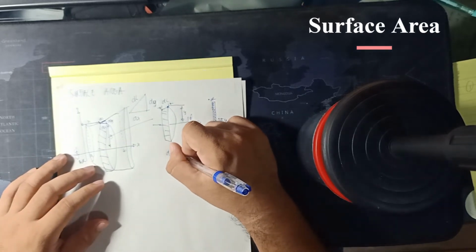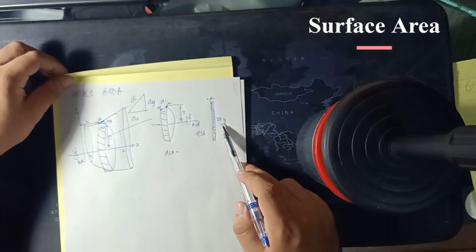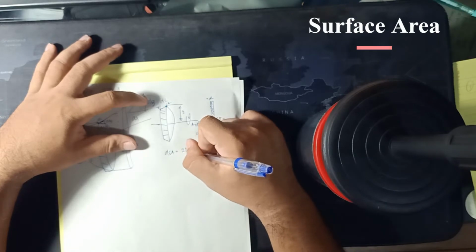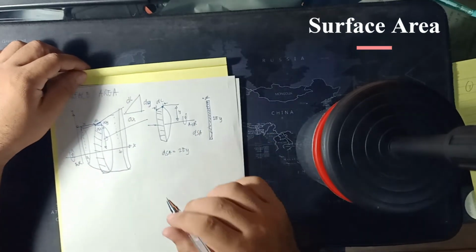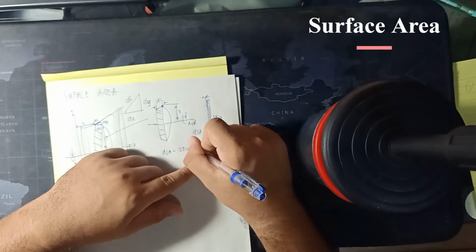So differential of surface area, you have here your 2 pi y, and if you remember, your strip here is your dl.